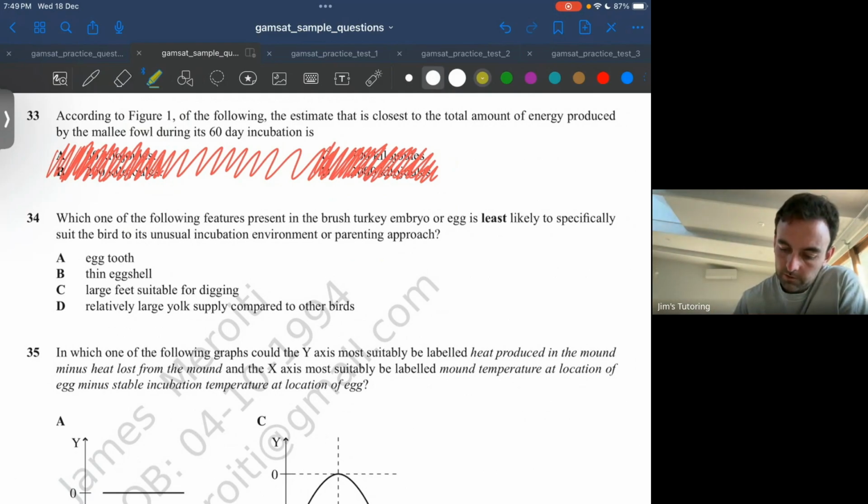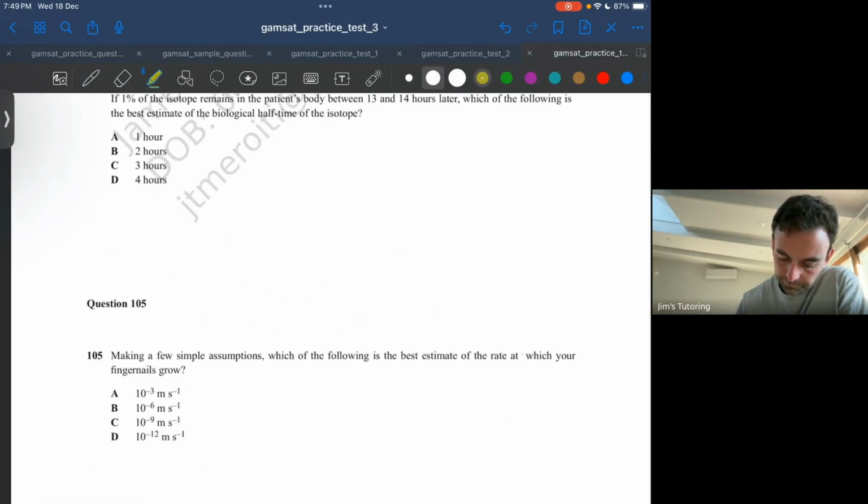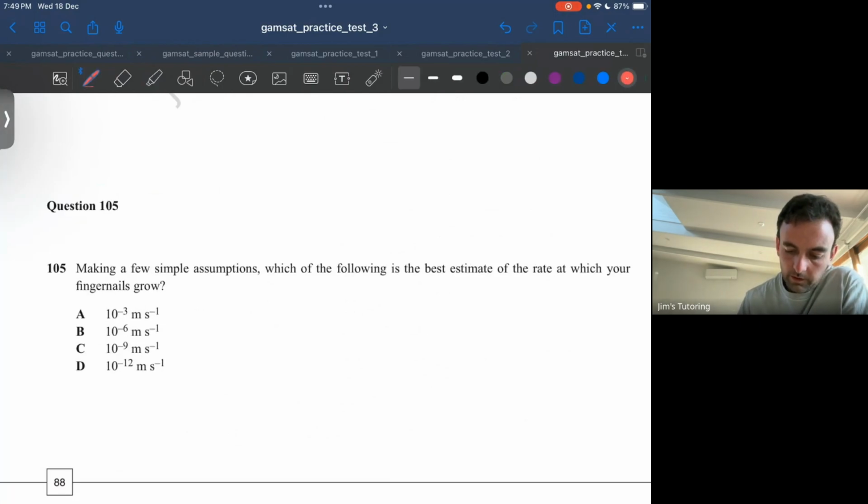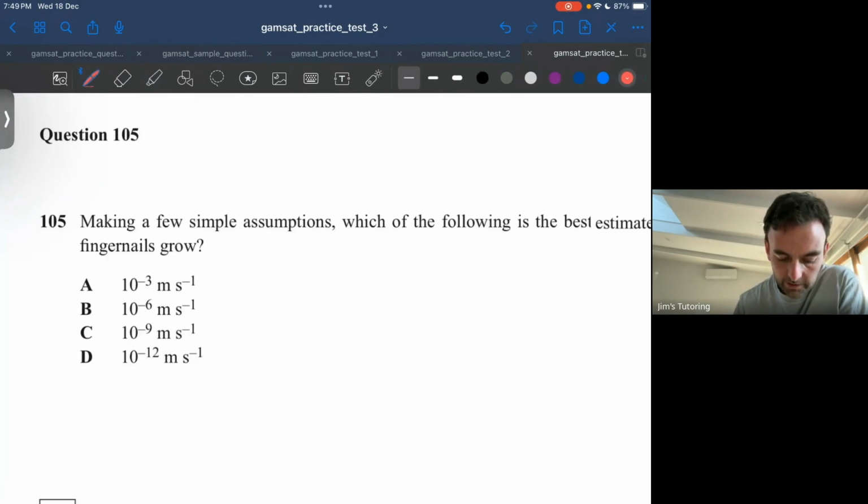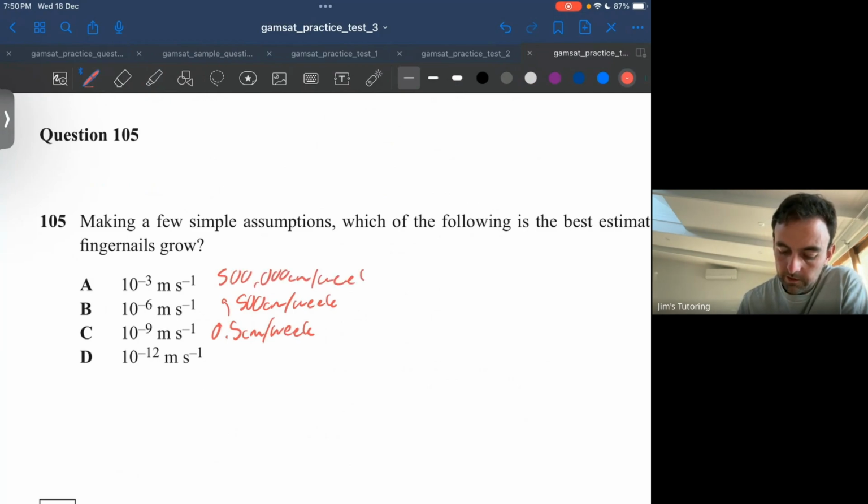Well, with this one, I mean, if you think about it this way, in the exam, it's not going to say 0.5 centimetres per week. Whatever this is, that would be 500 centimetres per week or 500,000 centimetres per week. If you think about it, they're not going to give you units that you can just instantly look at and know the answer.